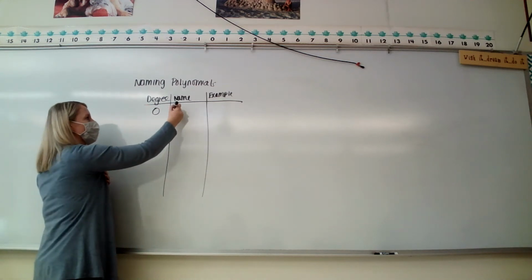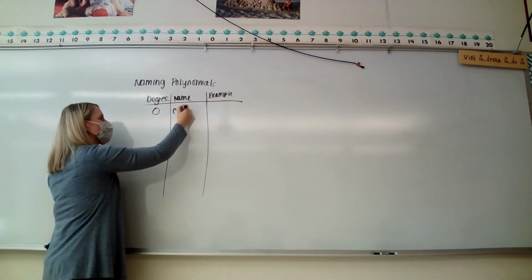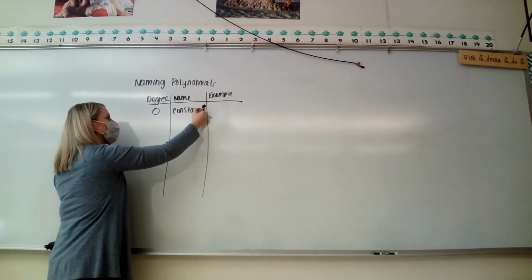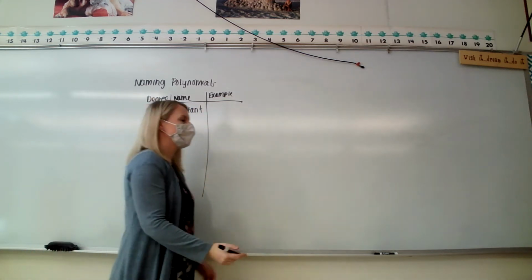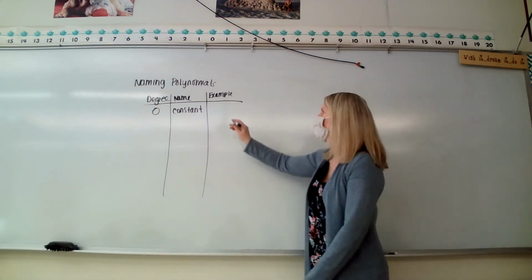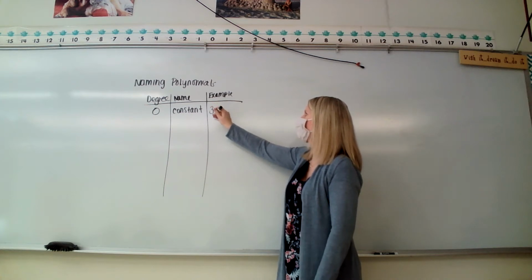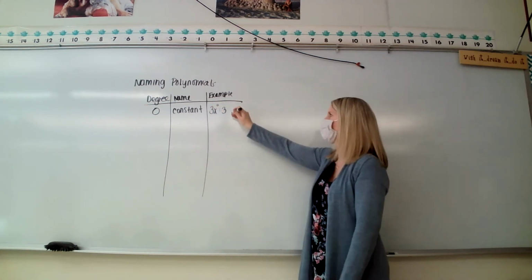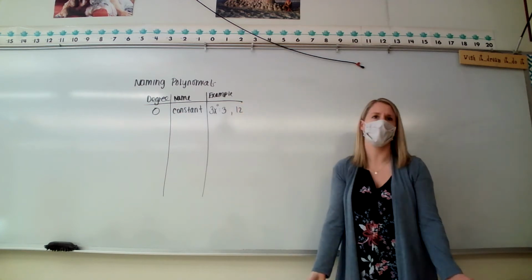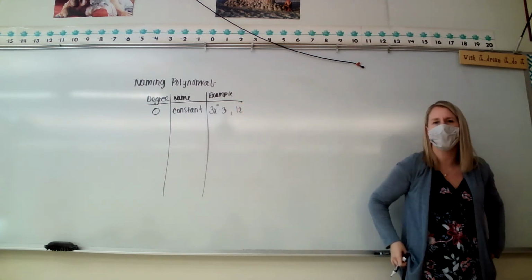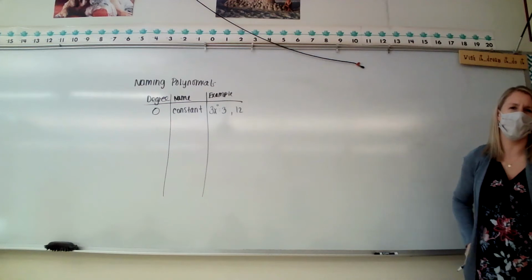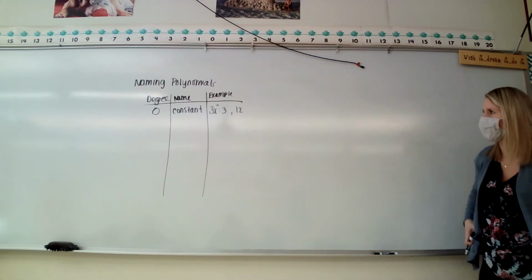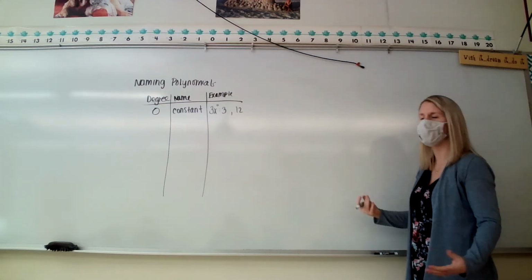So if something's just a number, we call that a constant. An example, like if I said 3x to the 0, that just equals 3, right? Or if I just said 12, we say that's a constant. We say that the degree is 0, because technically there is an x to the 0 there, we just don't really write it. So a degree of 0.